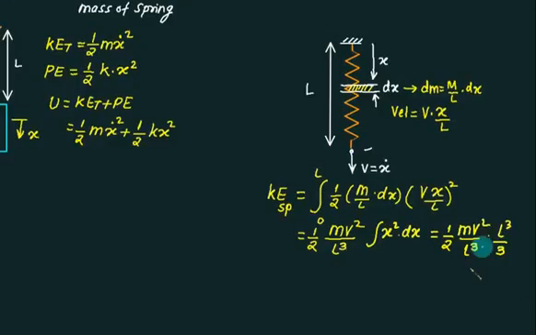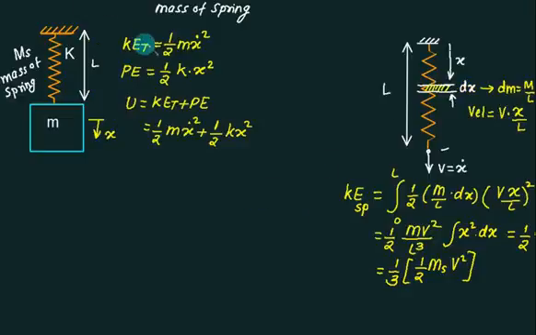Only this is left: 1 by 3 into 1 by 2 into the mass of the spring, multiplied by v square. Now this is the kinetic energy. Next time you want to remember this equation, you just put 1 by 3.